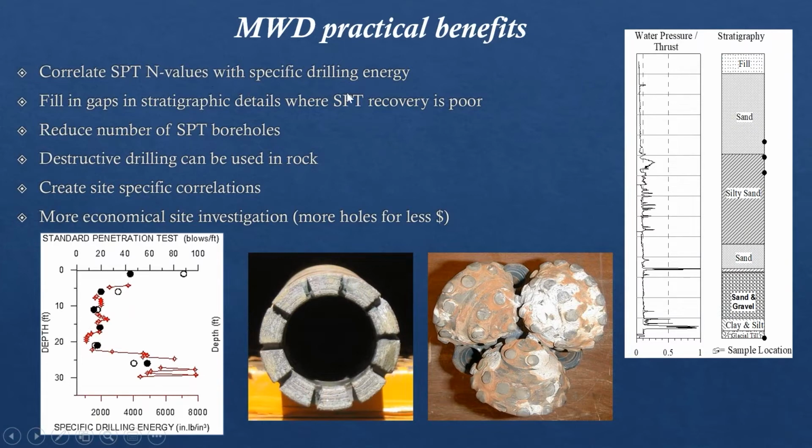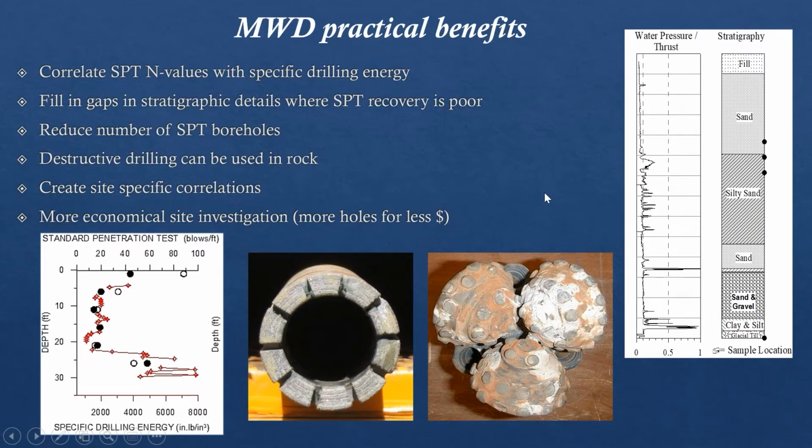You can correlate SPT with specific drilling energy. We've done it here, showing that the SPT and the drilling energy correlate very well. You can fill gaps in stratigraphic details. You can reduce the number of SPT boreholes, and in rock you could do destructive drilling, using a roller bit rather than coring.